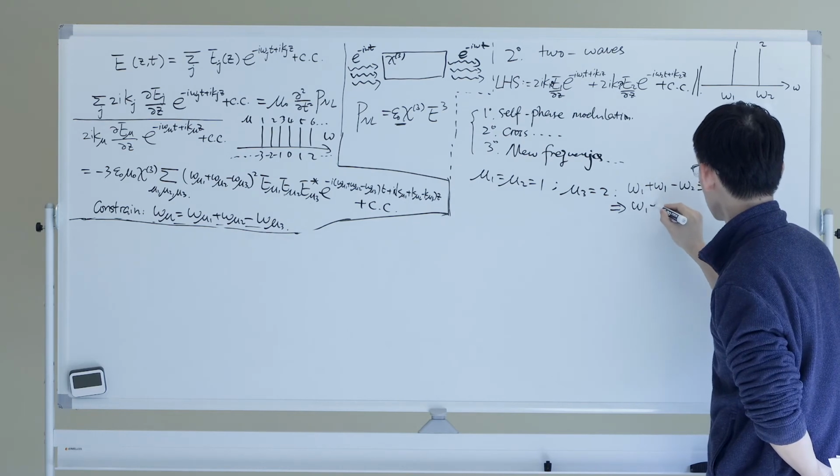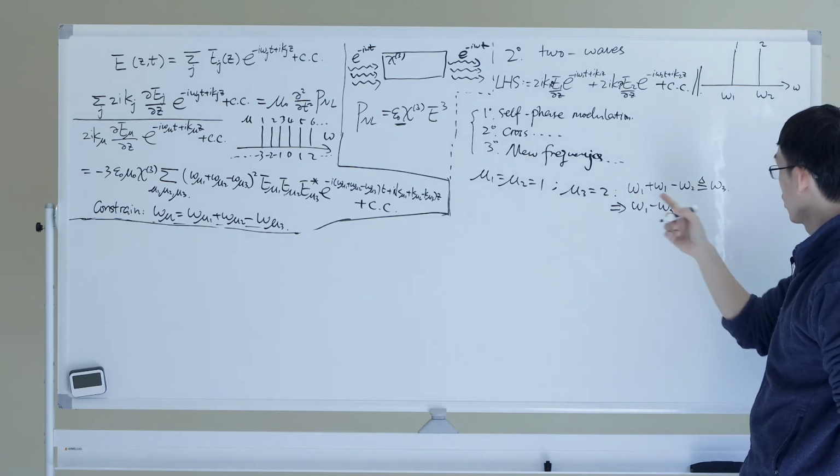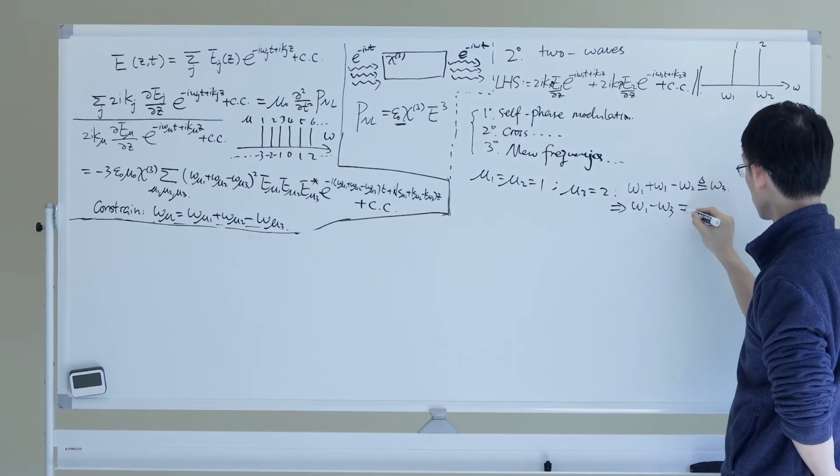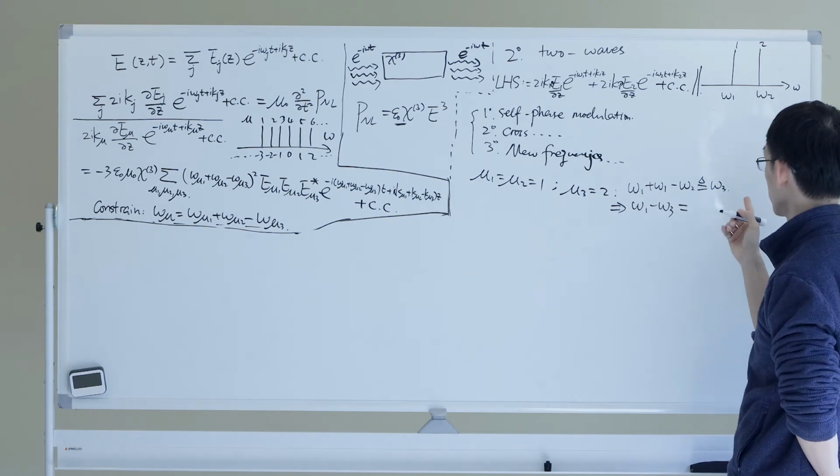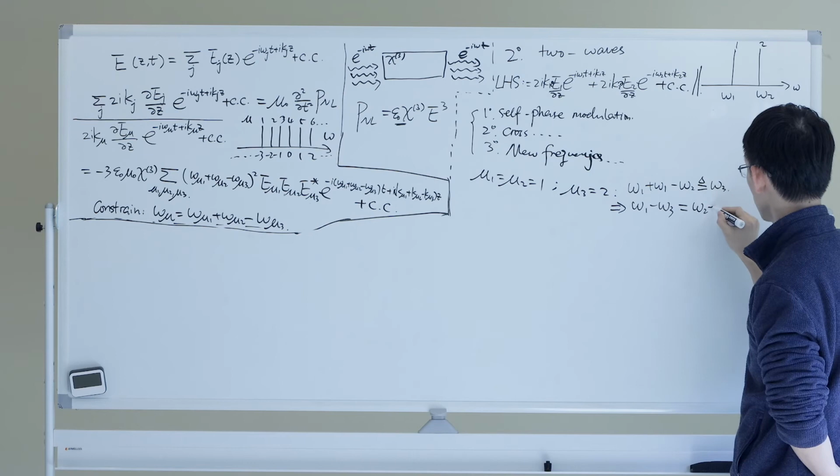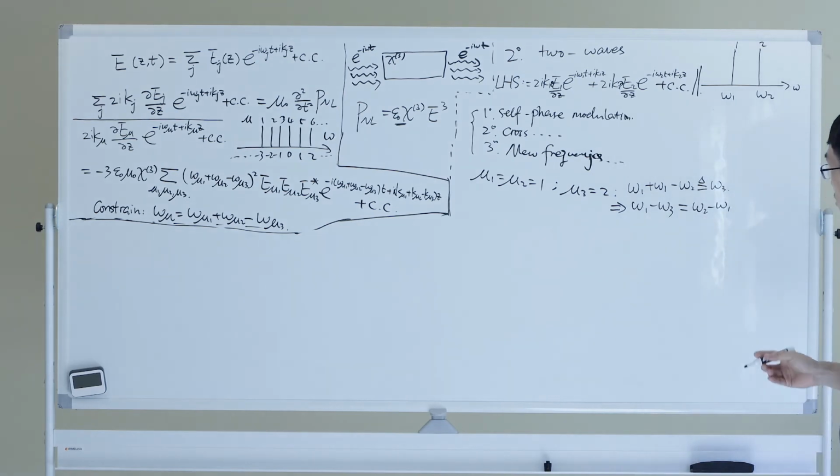So omega 1 minus omega 3 equals, moving these 2 terms to the right and changing the sign, omega 2 minus omega 1. So this is kind of interesting.